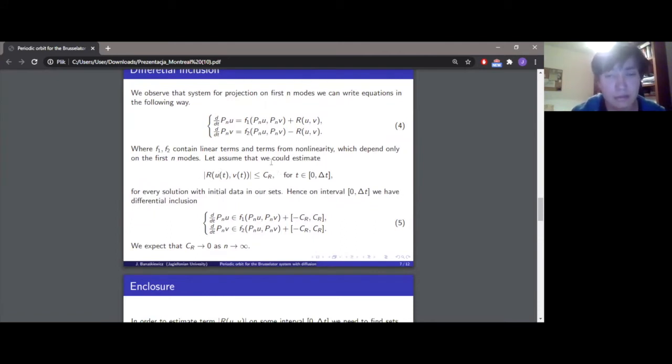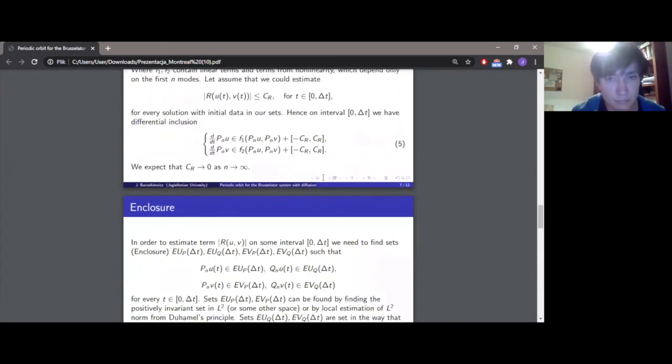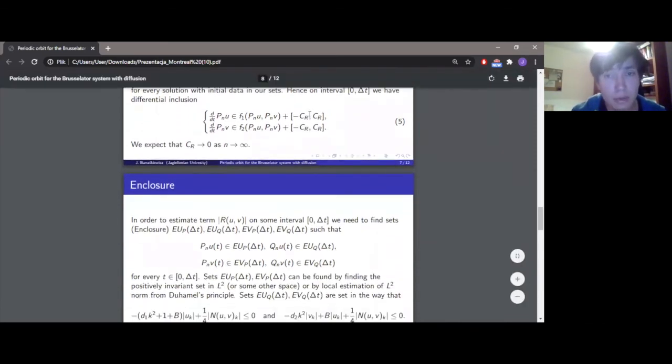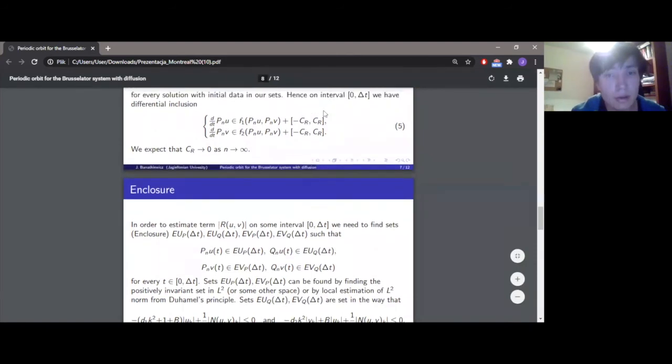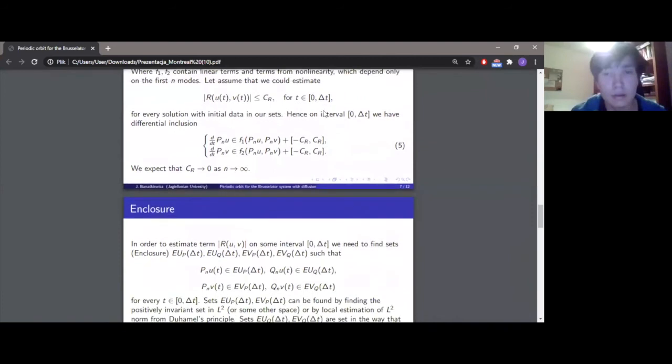Okay, and if we assume that we can estimate this R function, which contains other terms, for t from 0 to this delta t for every solution with initial data in our set, we can rewrite our problem into the form of a differential inclusion.